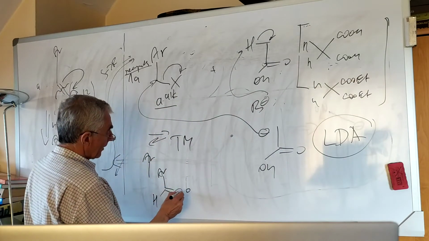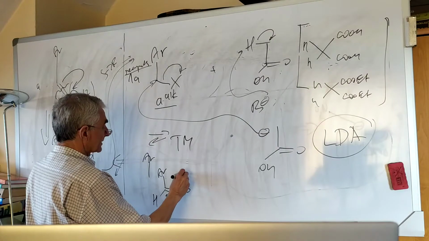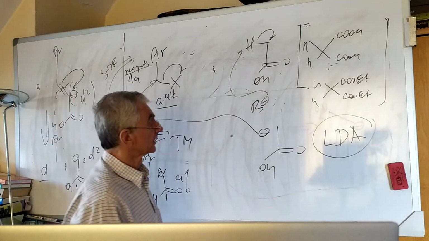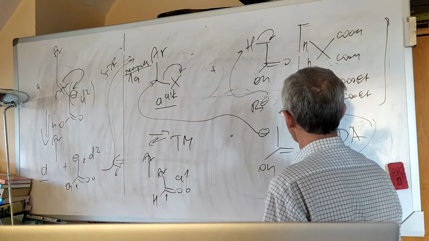So then we'll have O1 and it will be the acceptor 1, which is also very good for that kind of chemistry.